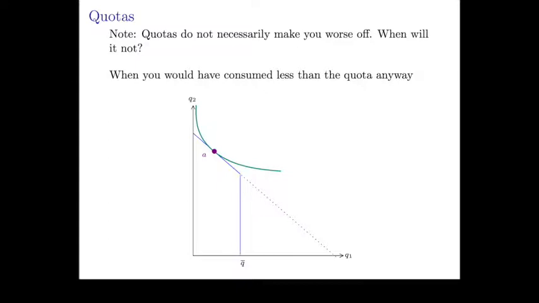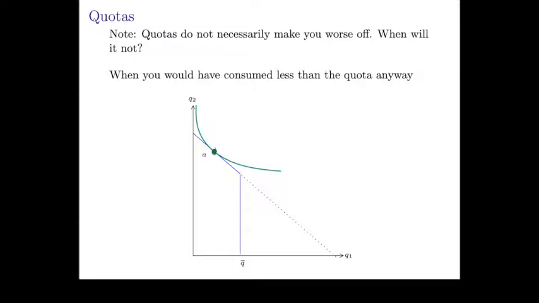Well, if you would have consumed less than the quota in the first place, when you picked your optimal bundle at A, and A was a bundle that has less than Q bar units of good 1, then the quota doesn't really affect you. So whether there is or isn't a quota, this consumer is not going to be any worse off.